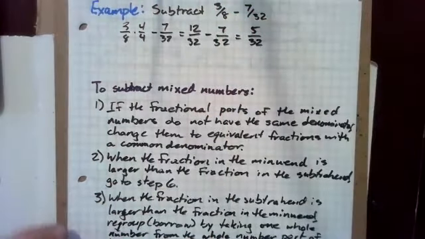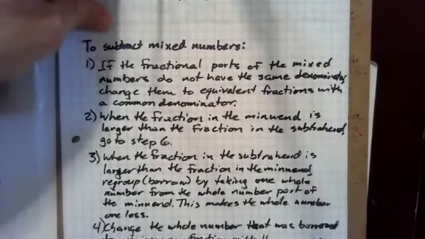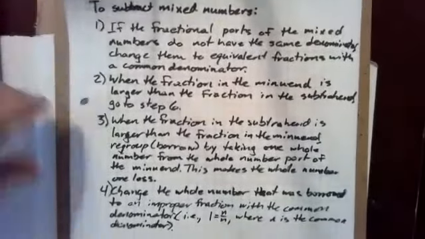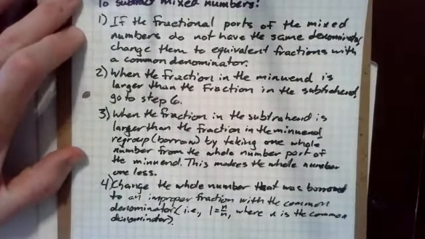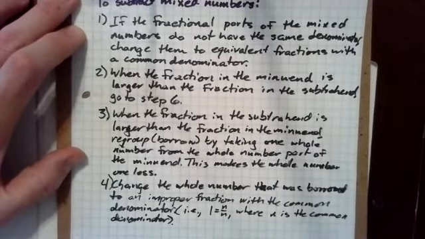To subtract mixed numbers, this is a much longer plan, and it'll take us longer to go through, but ultimately it's not that difficult. First, if the fractional parts of the mixed numbers do not have the same denominator, change them to equivalent fractions with a common denominator.